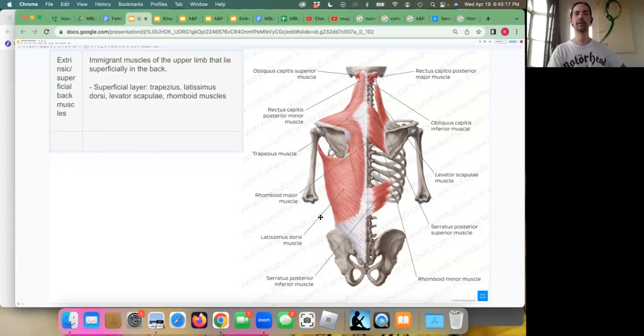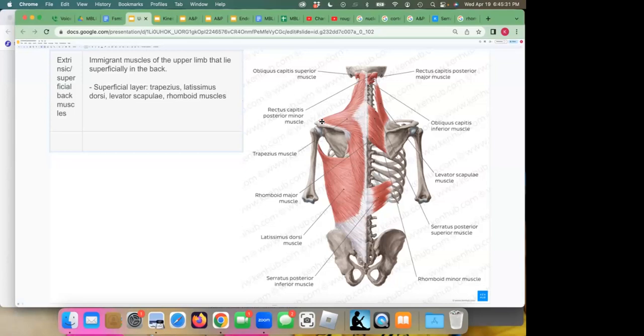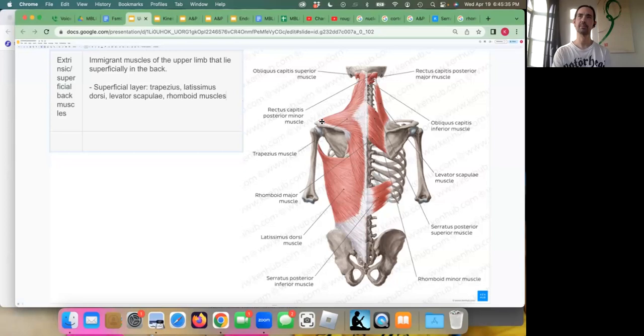And which one functions in the internal rotation of the humerus, the latissimus dorsi muscle or the upper trapezius muscle? Latissimus, that's right. Which one does internal rotation, latissimus dorsi or infraspinatus?